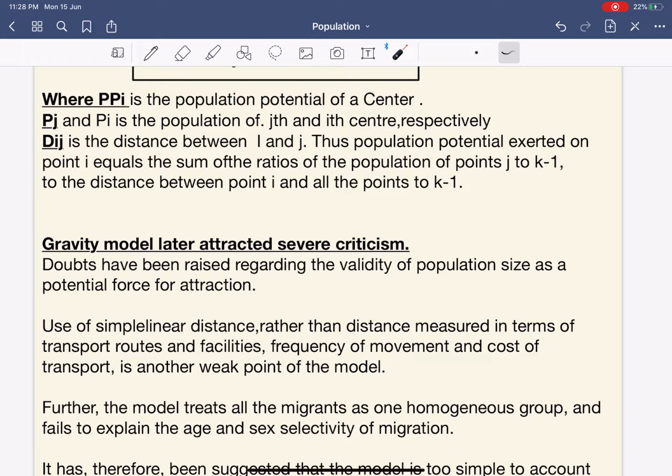But let us say that I am preparing for the IAS, and in this context I would say that Delhi is more suitable for me because that is my perception, that is my ideology, that Delhi has a better chance for me to prepare. So on that perception I will move on to Delhi. Now in this context he says that population doesn't matter. He says that things can matter beyond population. This is the first thing that we say.